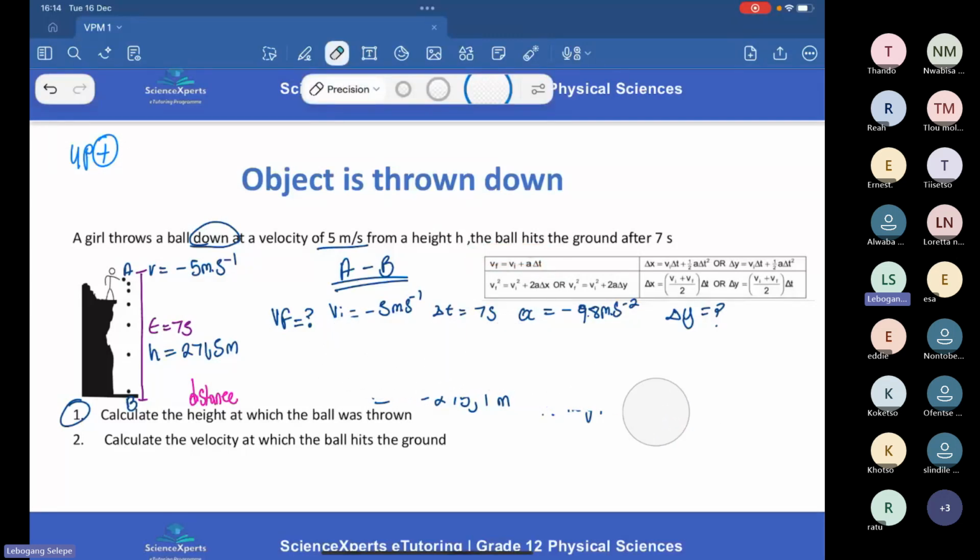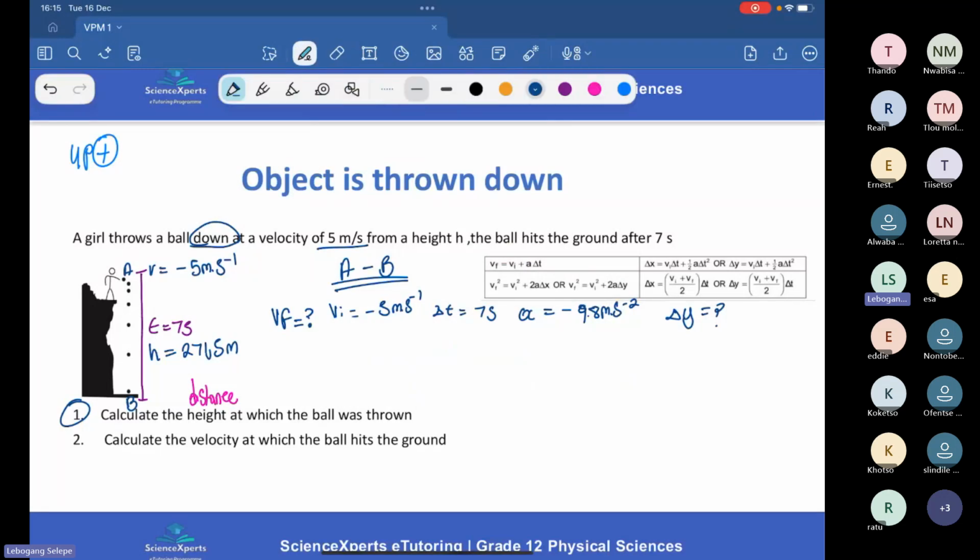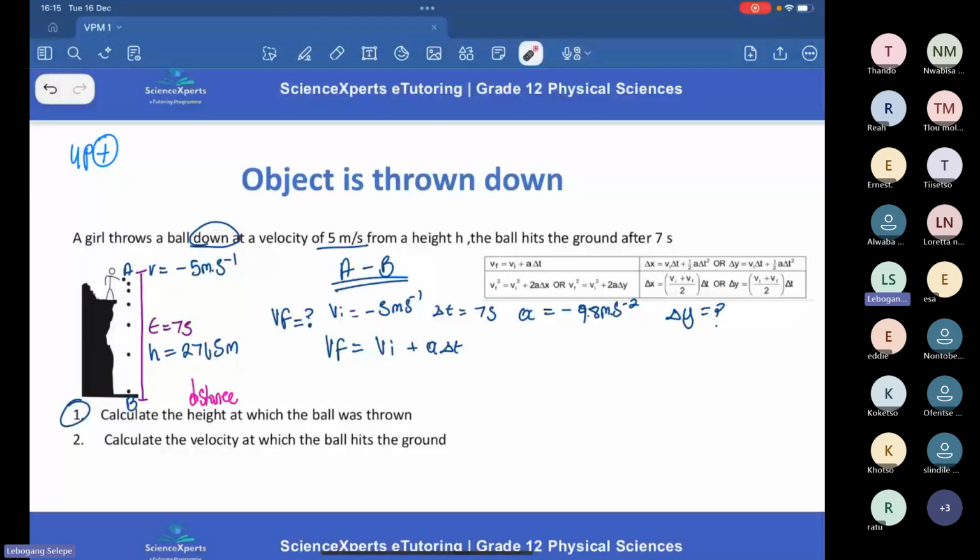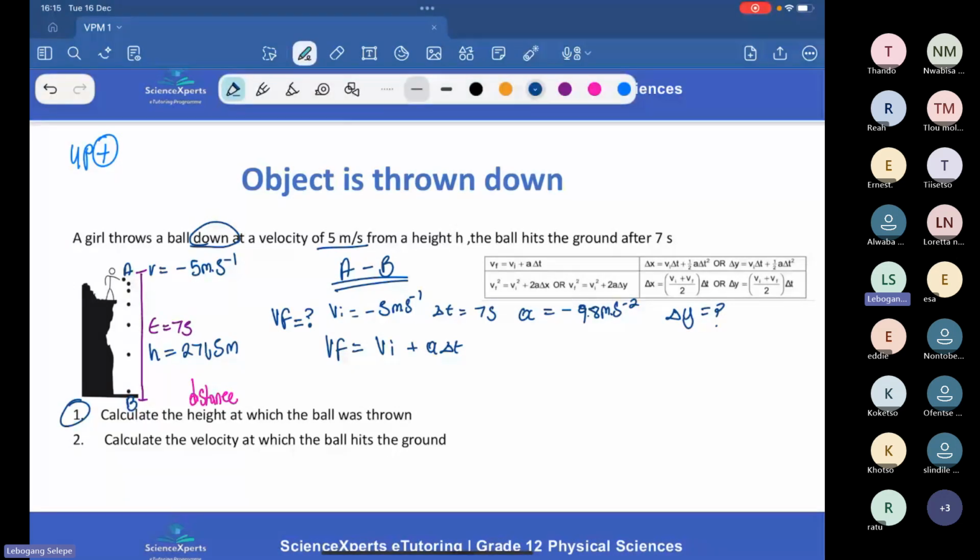But if you do use it, you'd still get the same answer. So VF is equal to VI plus acceleration times change in time. VF should be negative, right? We are already expecting VF to be negative because the ball was moving down when it hits the ground. So if you get a positive answer, you already know that it's wrong.